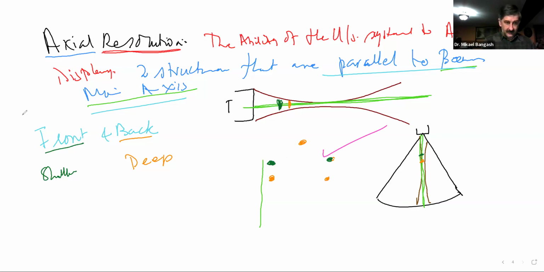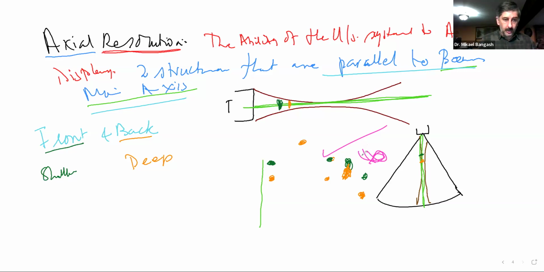Whereas if these two structures do not appear as two separate structures, but smushed together or mixed together, or physically not accurately placed, something like this on the scan, when practically they were here, and on our image we see them misplaced or something like that, those will be factors that tell us that we have a poor axial resolution.